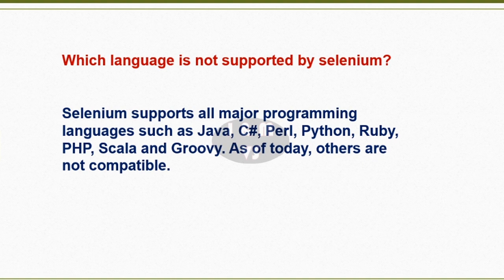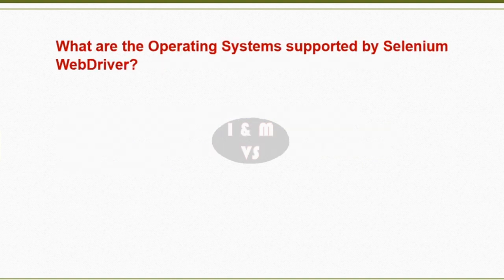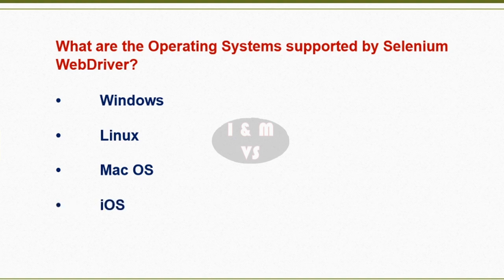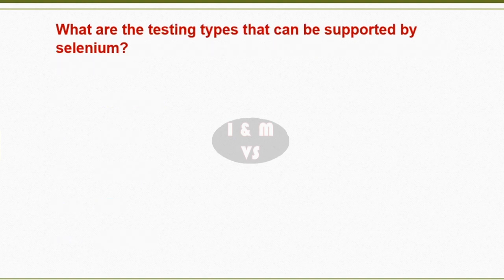Next question is: what are the operating systems supported by Selenium WebDriver? The answer is: Windows, Linux, macOS, iOS, Android. Next question is: what are the testing types that can be supported by Selenium?